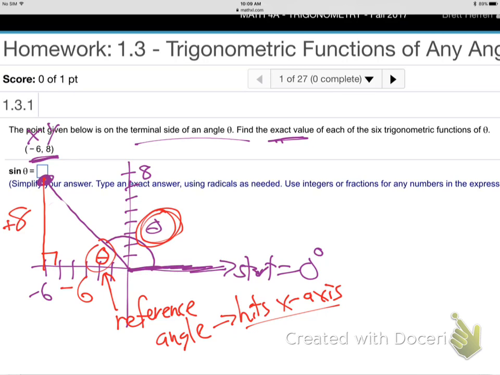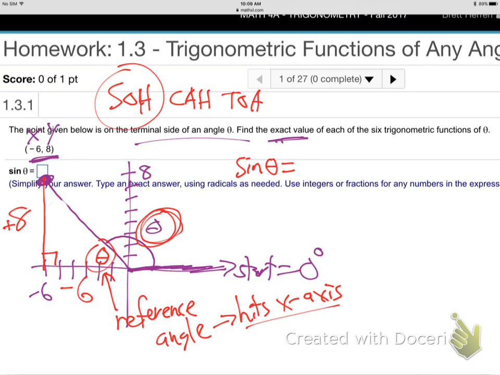Okay, so what? Well, now I can find all the answers they want. Like I can find the sine of theta. Well, how do you find the sine? Well, SOHCAHTOA, remember? So what is sine? Opposite over hypotenuse, right?